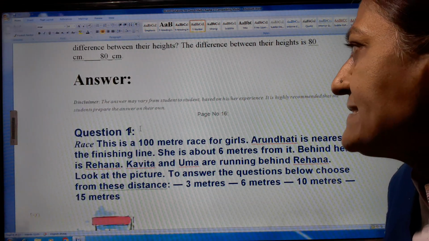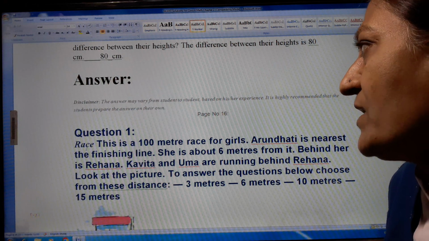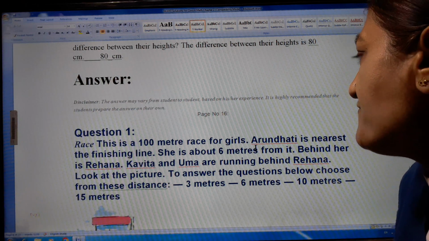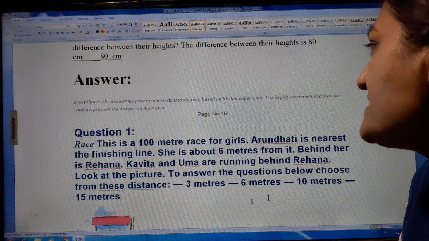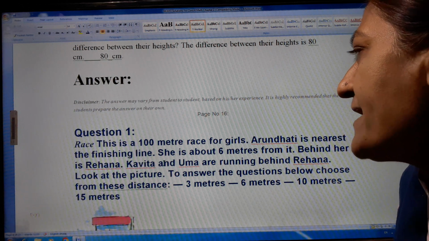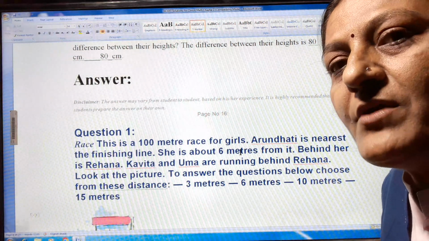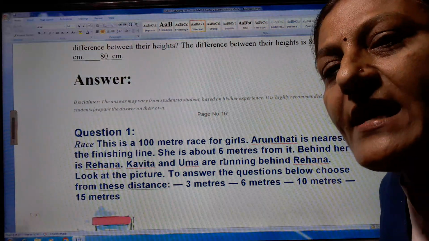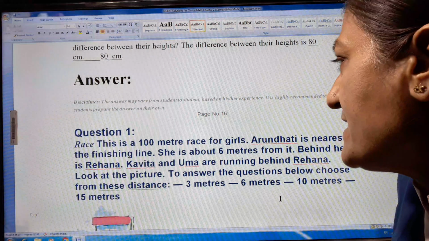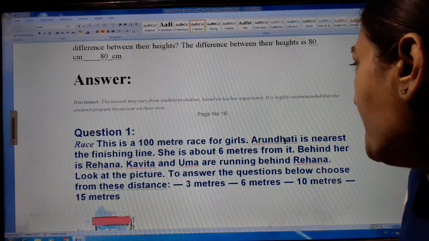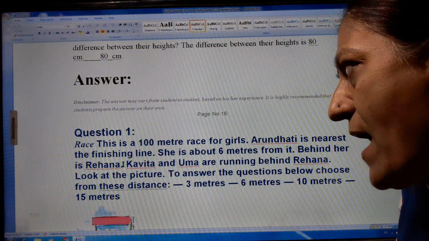Page number 16. Race. This is a 100-meter race for girls. Arundhati is nearest to the finishing line. She is about 6 meters from it. In our textbook one picture is given, and when I explain, I explain this. Behind her is Renuka.